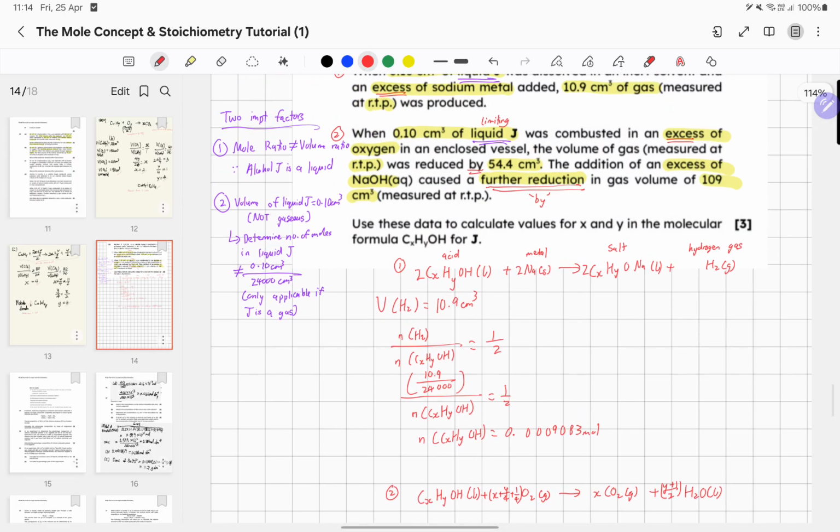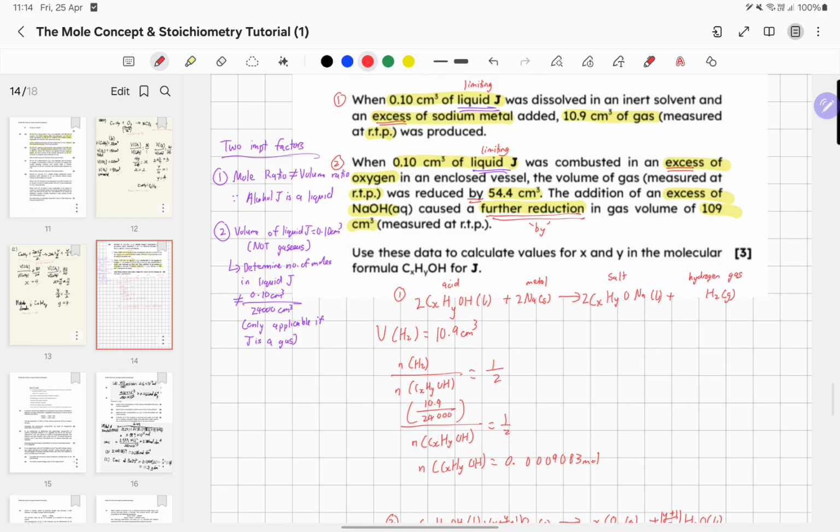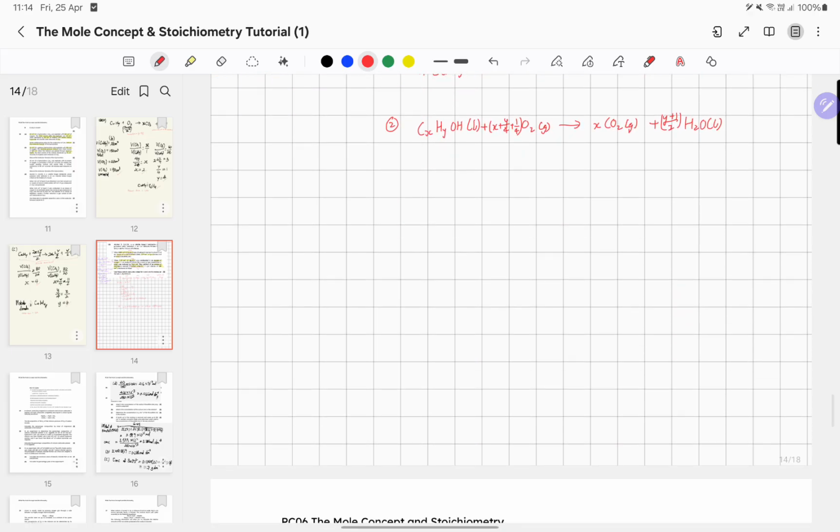Afterwards we look at reaction 2. We are given the reduction in the volume of gas after the reaction and after NaOH is added.